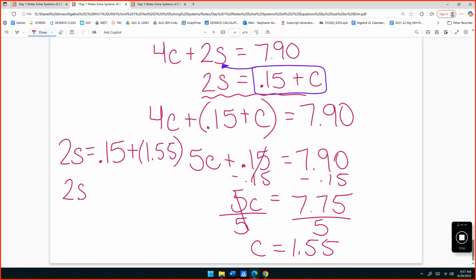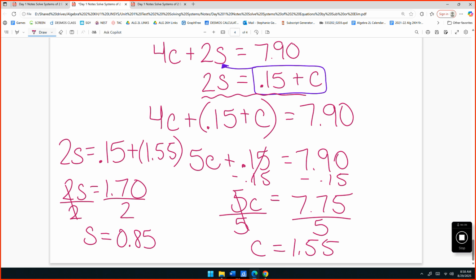So 2S is going to equal 15 cents plus $1.55, which is $1.70. Divide by 2. If 2 shakes cost $1.70, then 1 shake costs 85 cents. Whew. In what world is that the case?